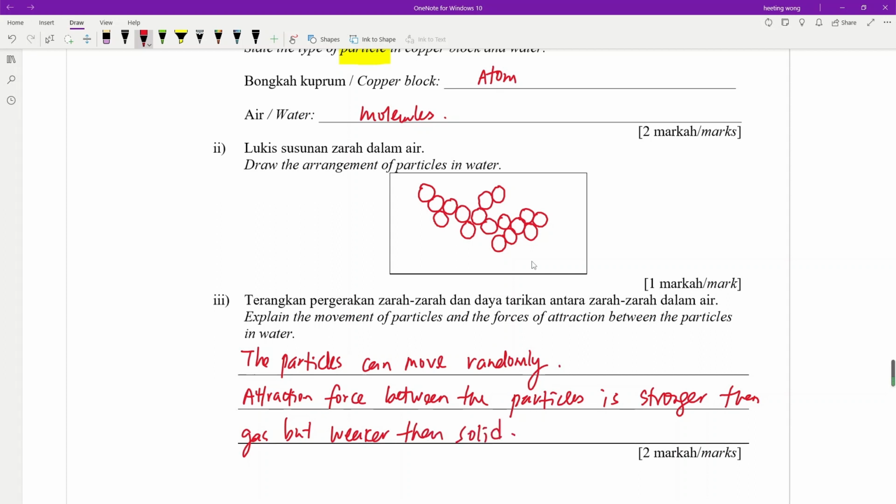So this is how we mention the attraction force. We compare with the gas and then the solid, so that you can score the 2 marks.